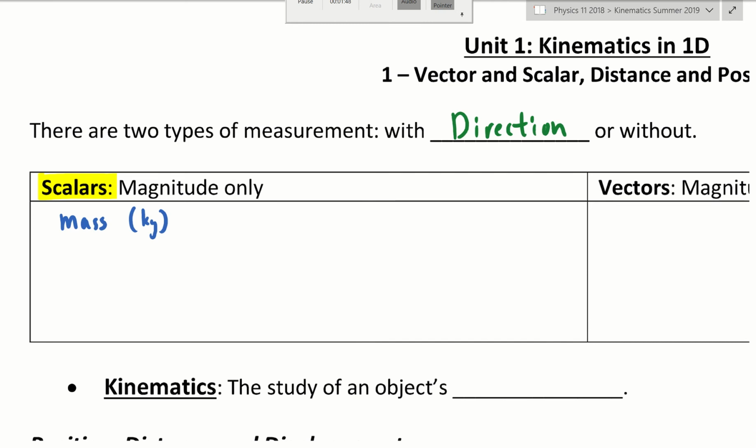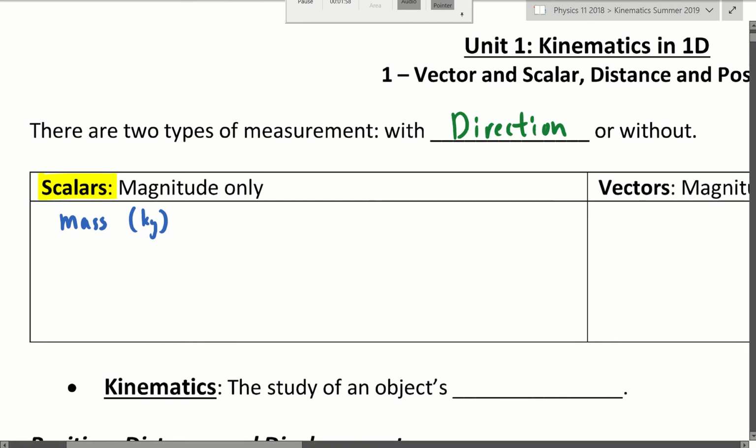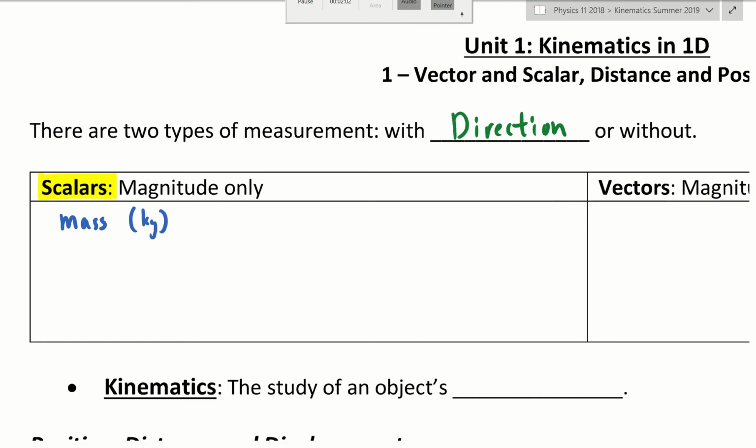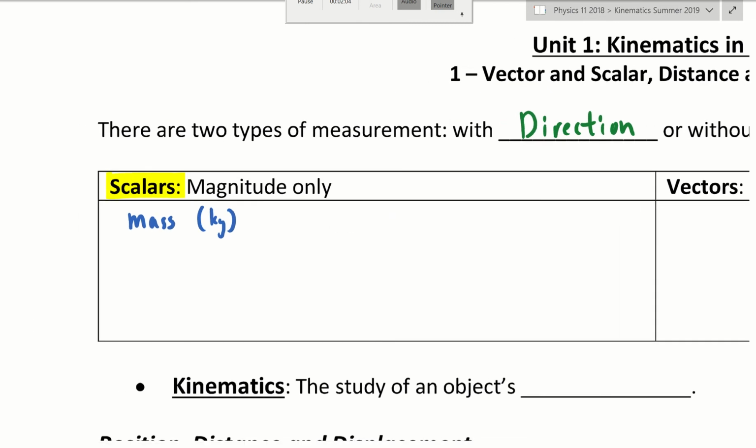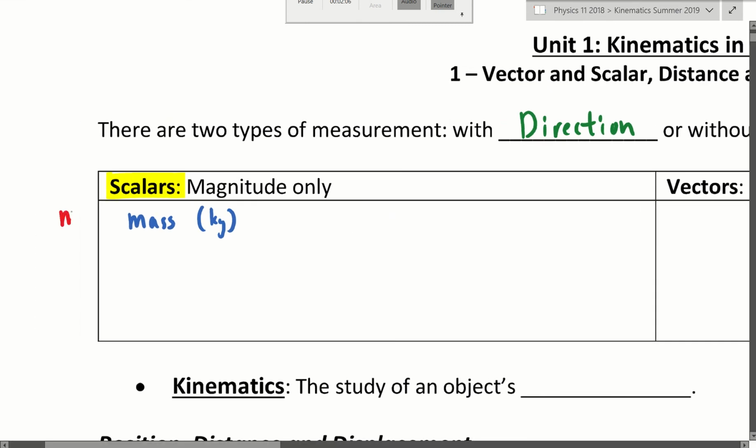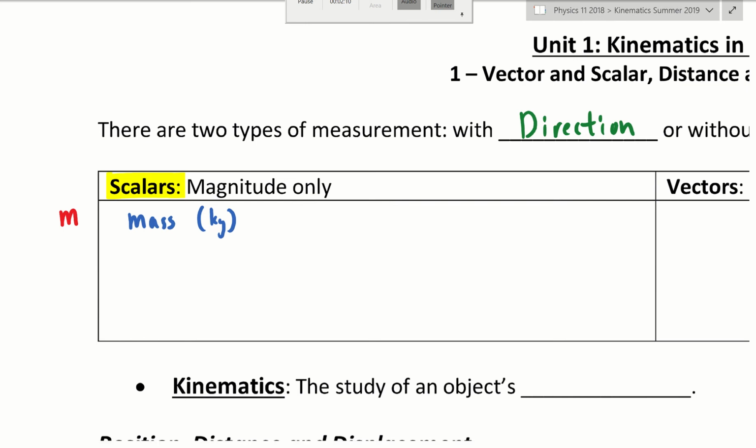It doesn't matter if you make the elephant stand up, sit down, lie down, or turn upside down. The mass of something is always the same regardless of the direction of the object, right? Does that make sense? In our equations, if you look at your formula sheet, every time you see an m in the equation, that's where you will put in the mass.